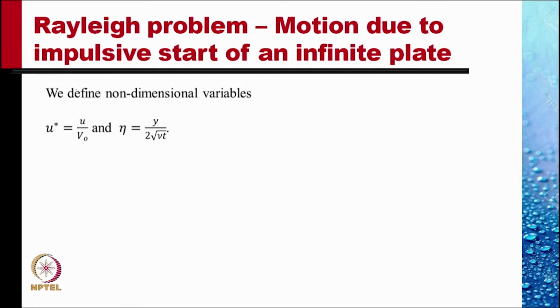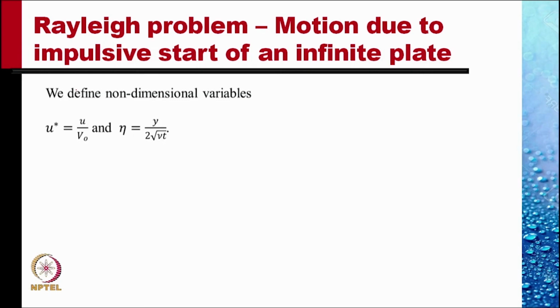To solve this, we use a trick. We define two non-dimensional variables. We define u star. Star denotes that this is non-dimensional. u star as u by v naught.